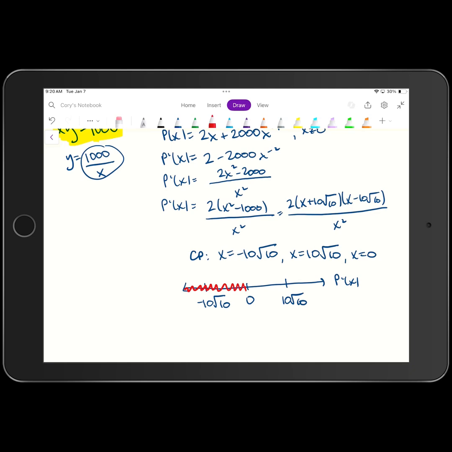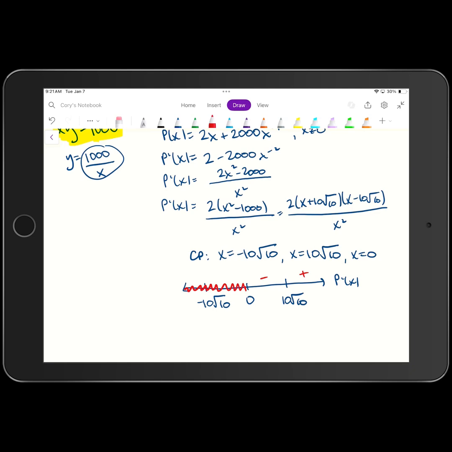So if I pick a value between 0 and 10 rad 10, let's say I pick 1, the numerator is going to wind up being negative, the denominator is positive, so that resulting quotient is negative. If I pick a value bigger than 10 rad 10 and plug it in, that resulting quotient is going to be positive.